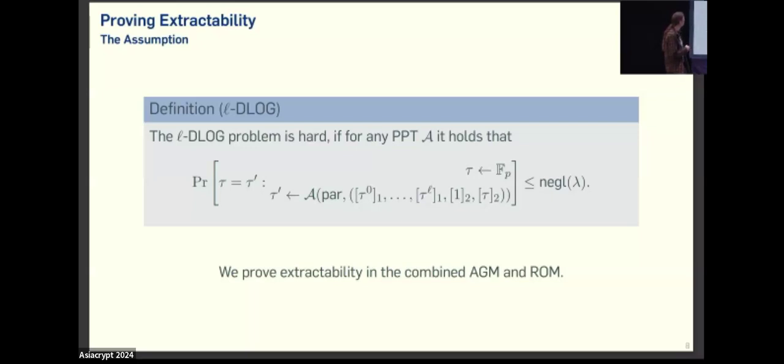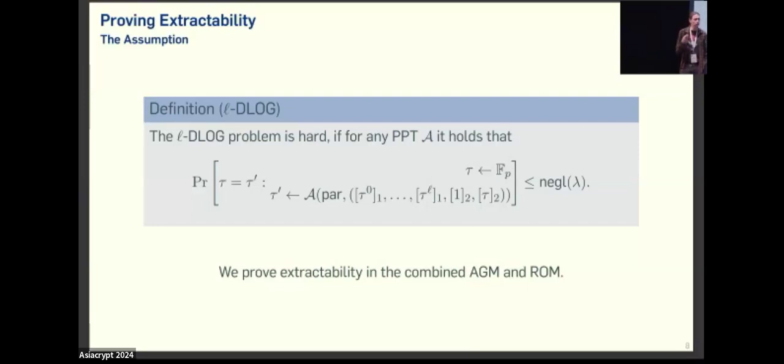And it should still be hard to derive tau from this. This is a relatively strong assumption, but on the other hand, it's the same assumption that you're already making if you're using KZG commitments. You have to use KZG commitments anyway to basically make use of our scheme here. So this is not like an additional assumption that you need to make here.